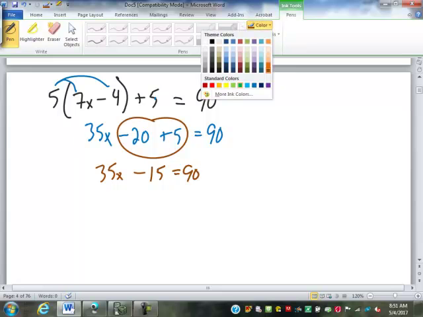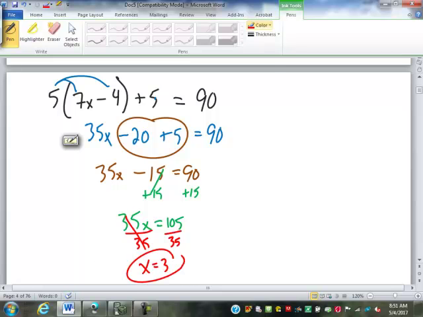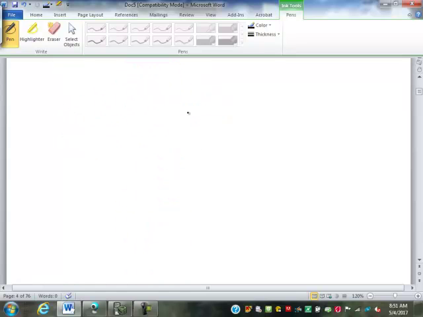And then add 15. 35x equals 105. And done. Divide by 35. X equals 3. That's a lot easier than doing the decimal.